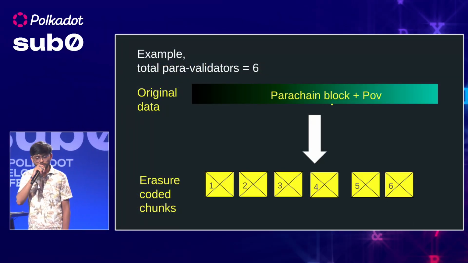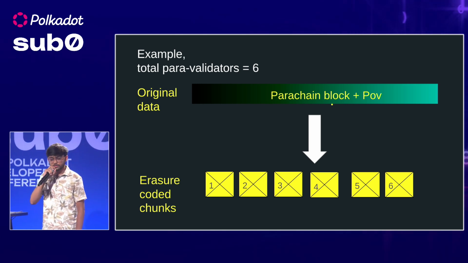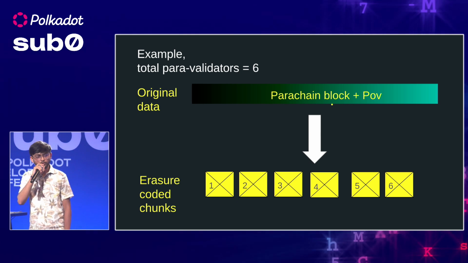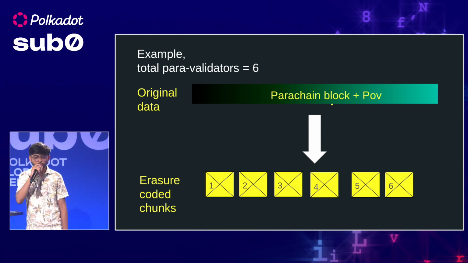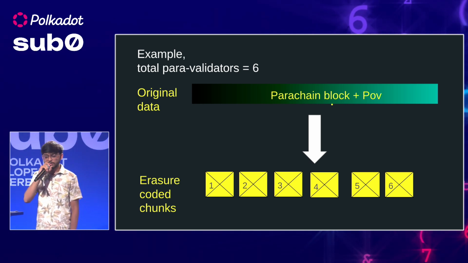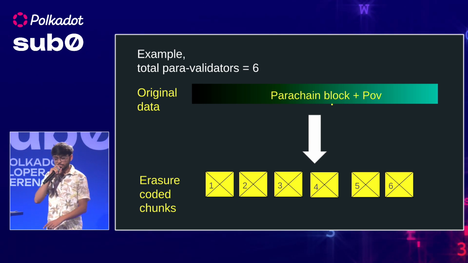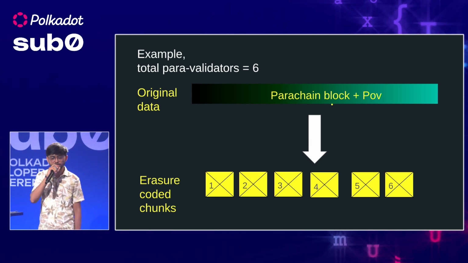So in a parachain, erasure coding works this way. It takes the data, which is a parachain block plus proof of validity, and generates 6 fragments here, as we have a total of 6 validators.